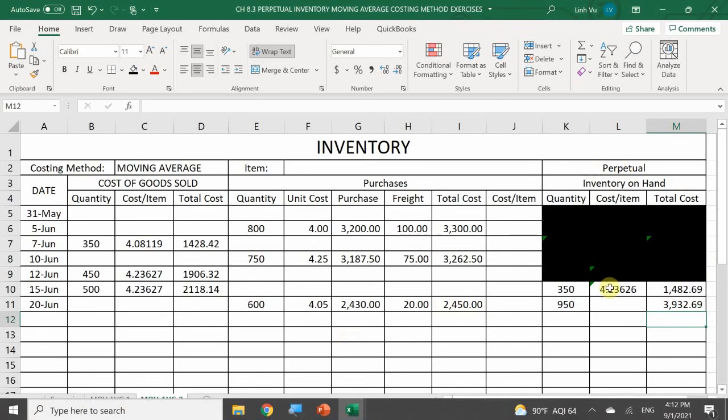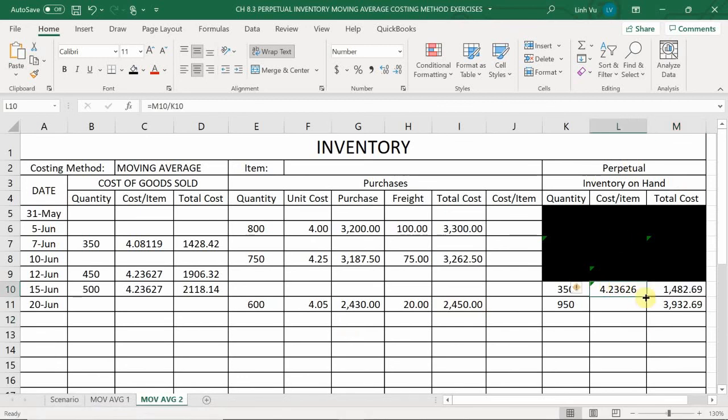Good. Now, of course, we made a purchase of inventory. So what is my new average cost per item? $4.13967. Yes. Okay. Good.